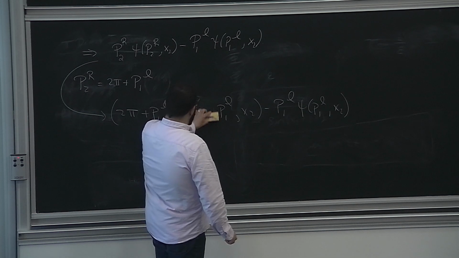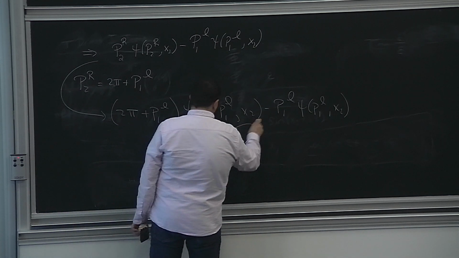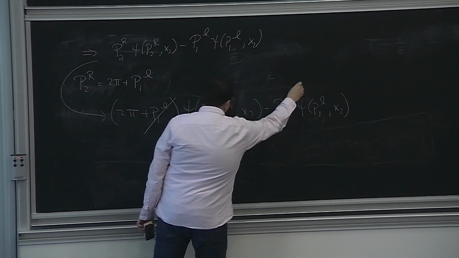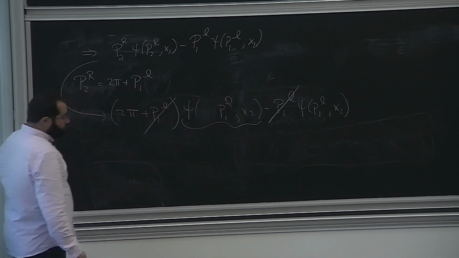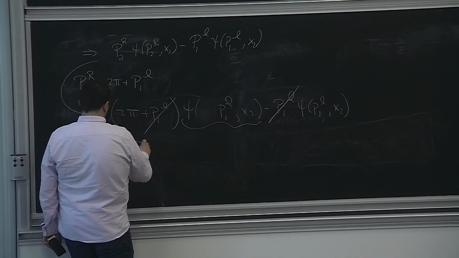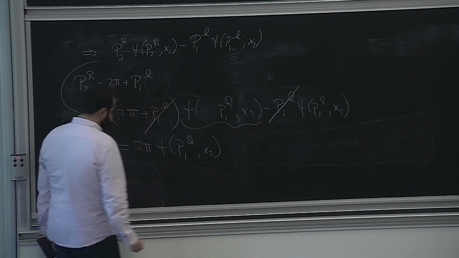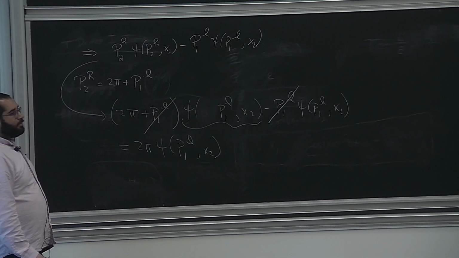Okay, psi is 2 pi periodic. So I can take this as common, and I see that the one you're concerned about is gone. So this is 2 pi psi of P1, x2. Does that make sense?